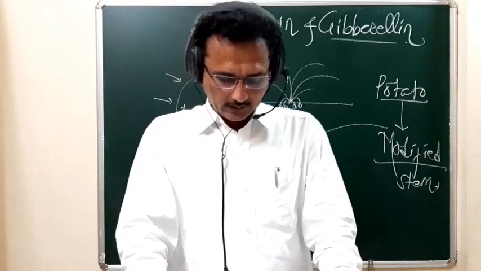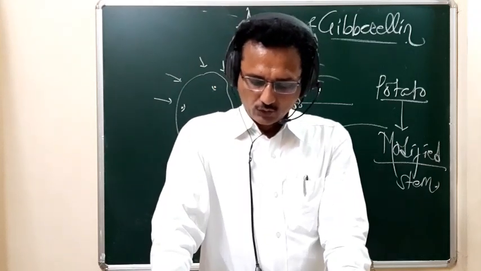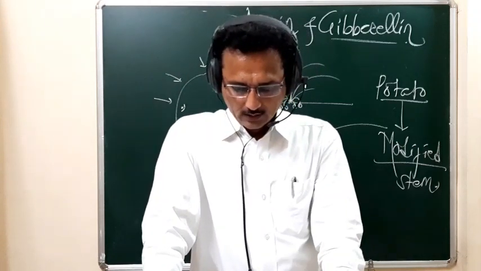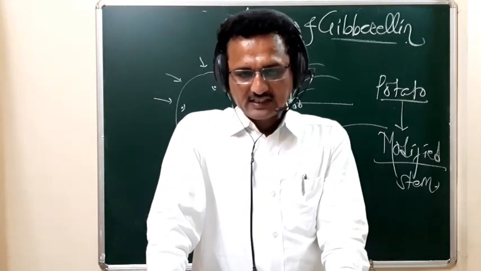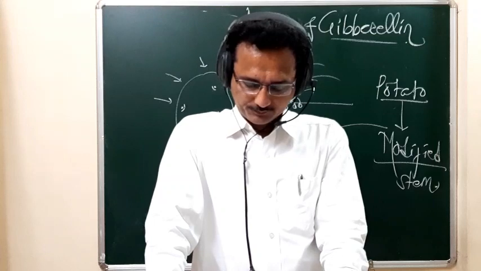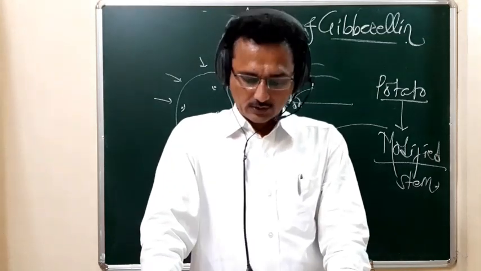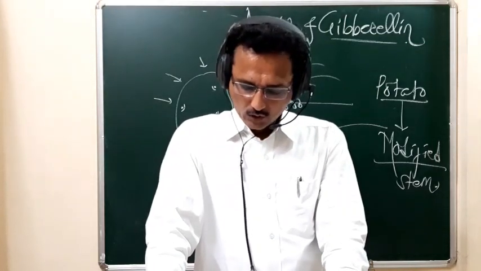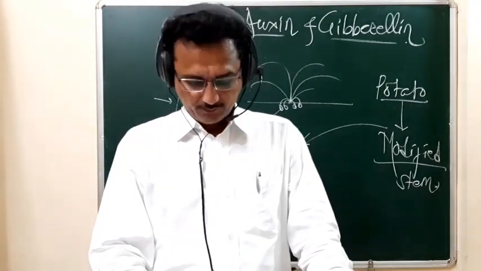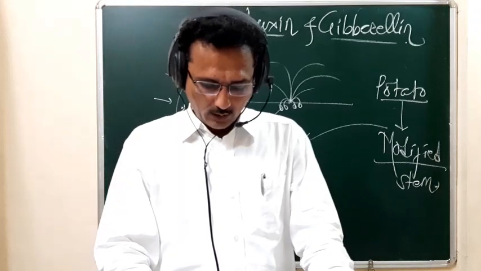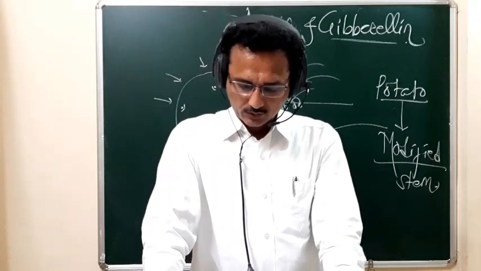Then question number 166. 2,4-dichloroanisole, means DCA, is: first option, auxin precursor; second option, antiauxin; third option, bound auxin; and fourth option, free auxin.